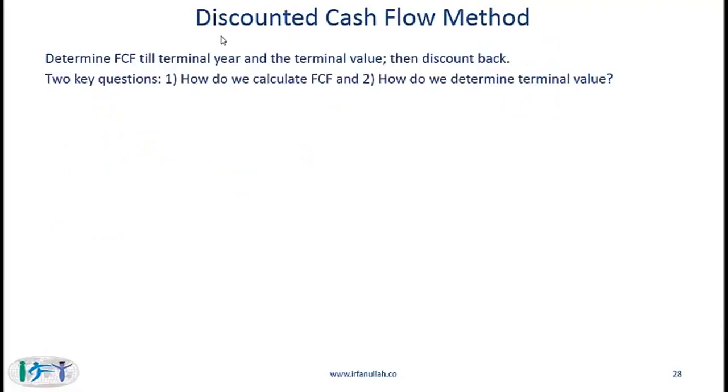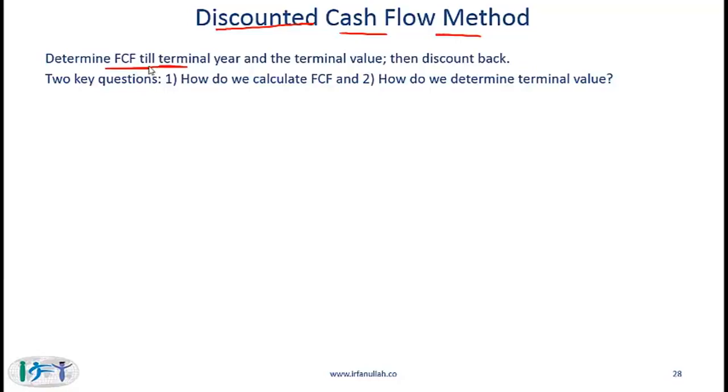Let's start with the discounted cash flow method. With this method, what we do is estimate the free cash flows of the company. And when we talk about free cash flows here, we are talking about the free cash flow to firm, so the cash flow that is available to both debt holders and equity holders.